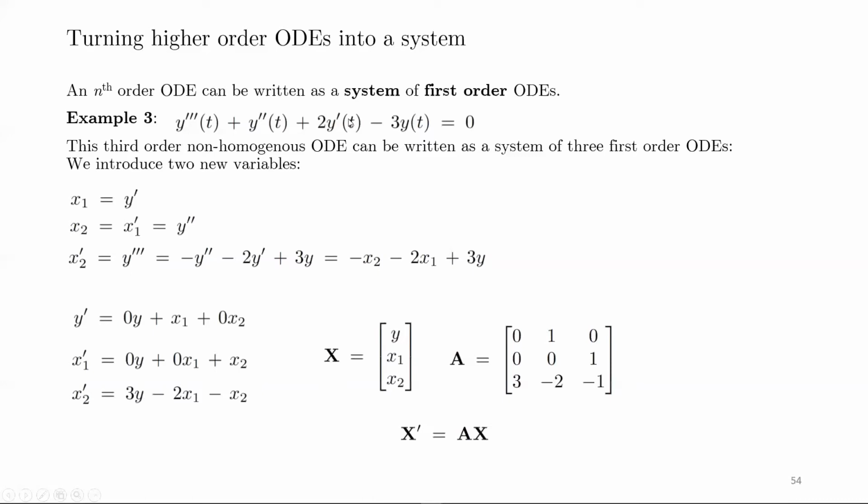So I can write my third order linear homogeneous ODE in this matrix form, which can be solved using the methods from the previous class. I have to find the eigenvalues and the eigenvectors of this matrix A, and then decide whether I'm in case 1, case 2, or case 3, and I can immediately write down my general solution.